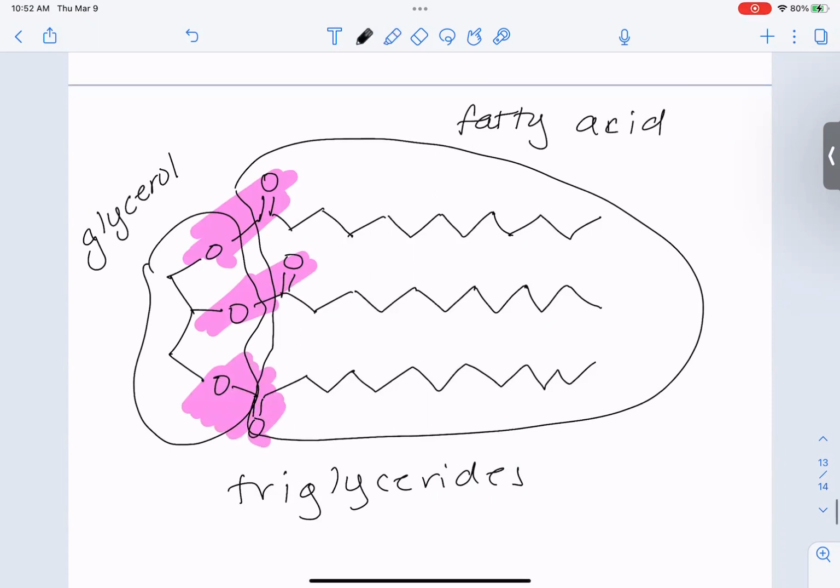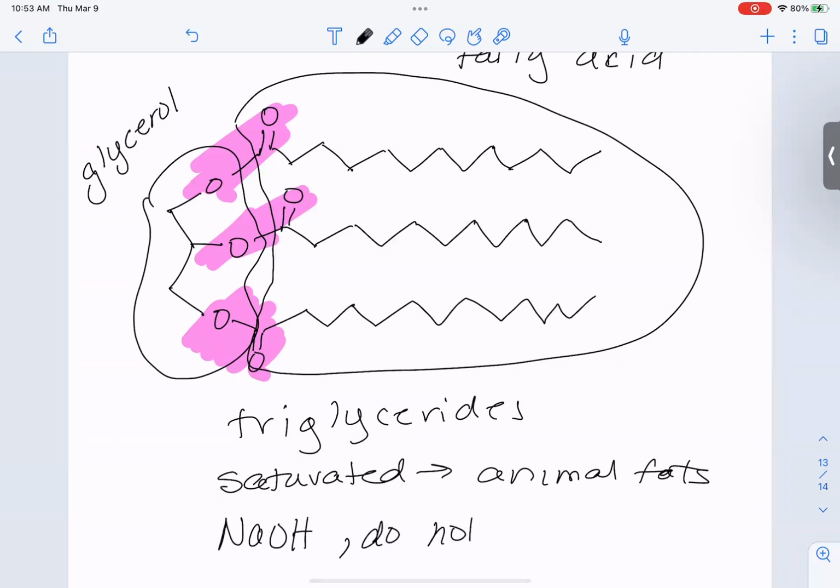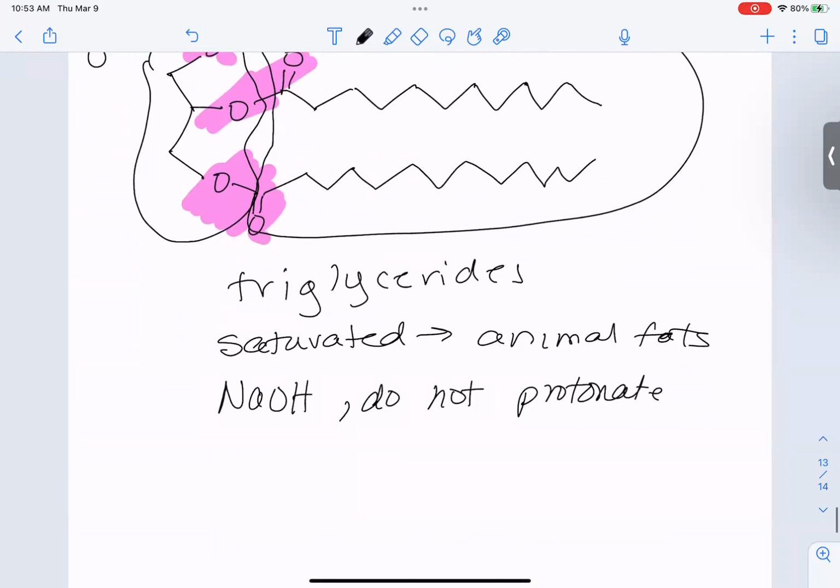Triglycerides, particularly saturated ones, are found in animal fats. This was the basis for soap making. You would just hydrolyze these with NaOH, and you do not protonate, so that you can keep the O minus on the glycerol and the carboxylate chains.